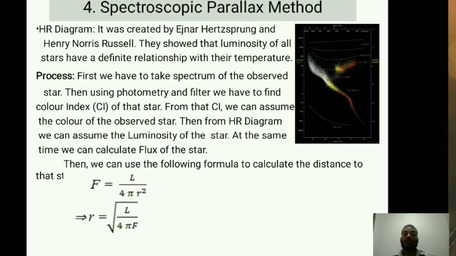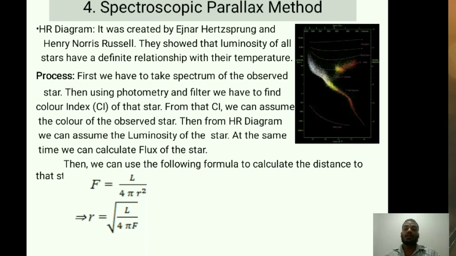At the same time, we can calculate the flux of the star. Then finally, we can use this relation to calculate the distance to the star: f is equal to L by 4 pi r squared, which leads to r is equal to the square root of L by 4 pi f, where r is the distance to the star, f is the flux, and L is the luminosity.